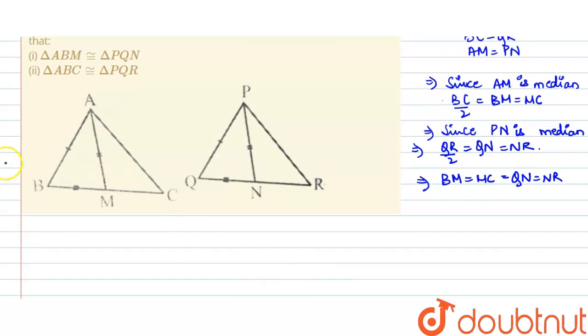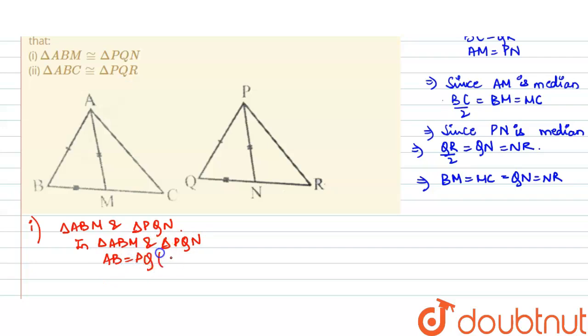Now let's take a look at the triangles. Let's go for the first part, that is triangle ABM and triangle PQN. In triangle ABM and triangle PQN, AB is equal to PQ. This is given to us. The second thing is BM is equal to QN, we just proved it here.